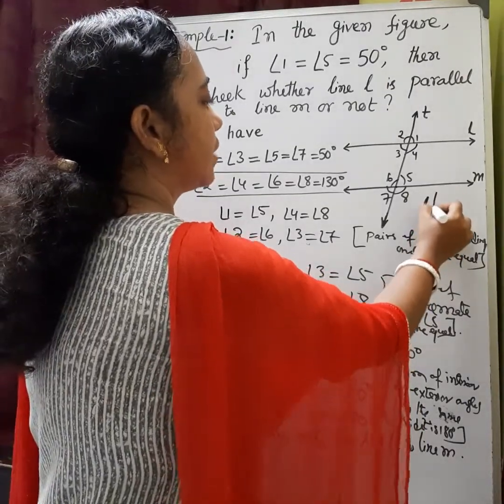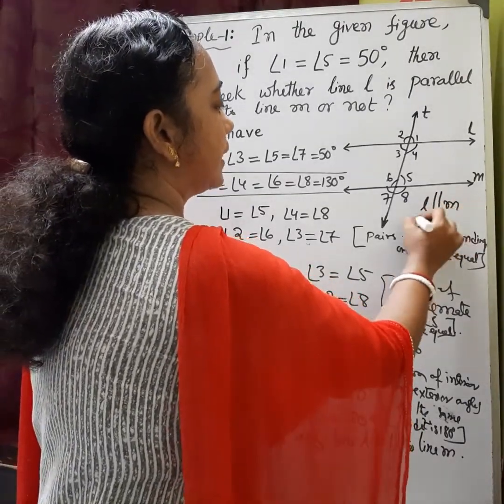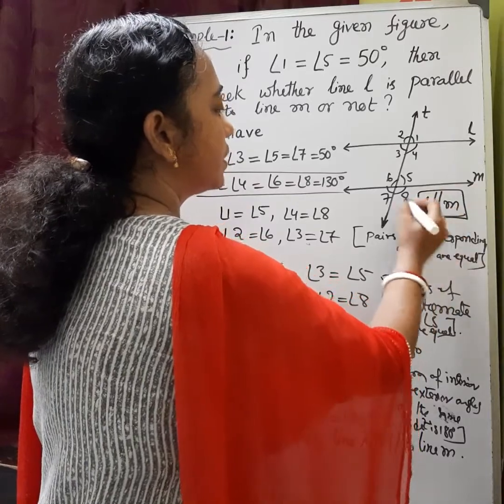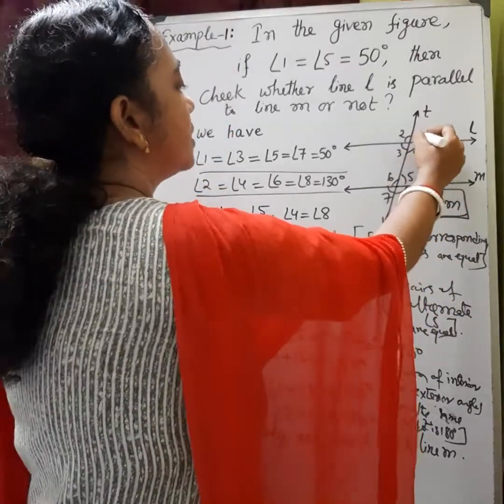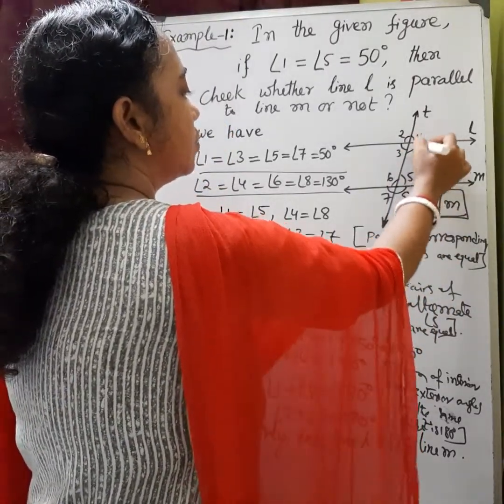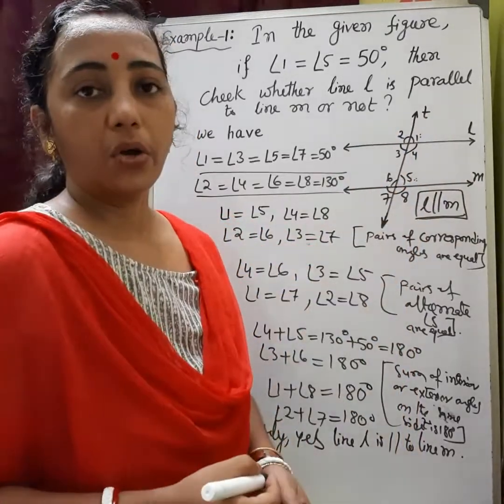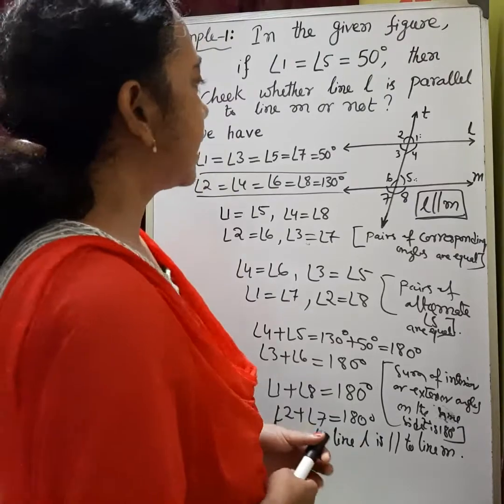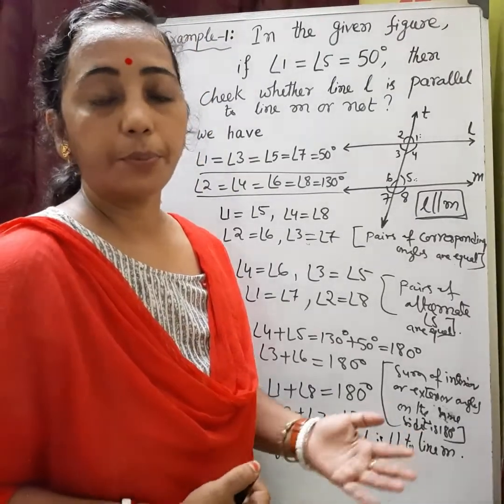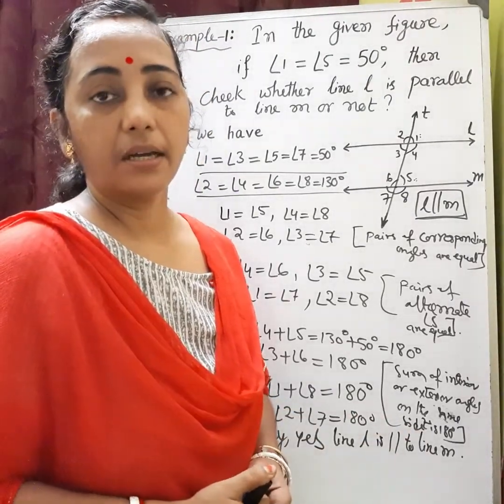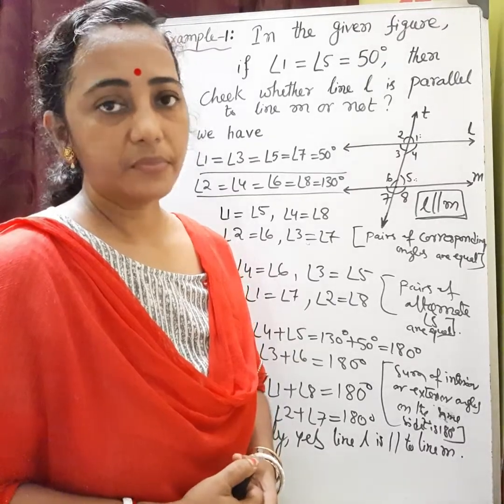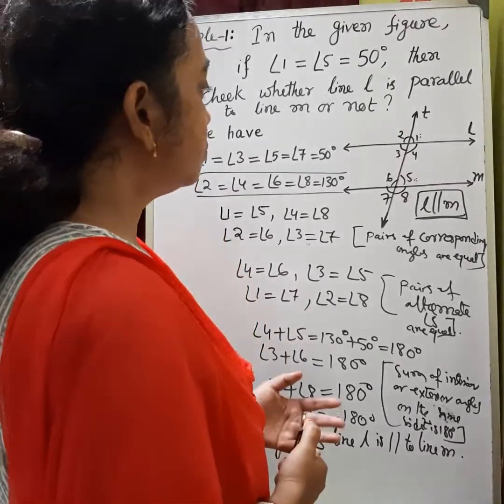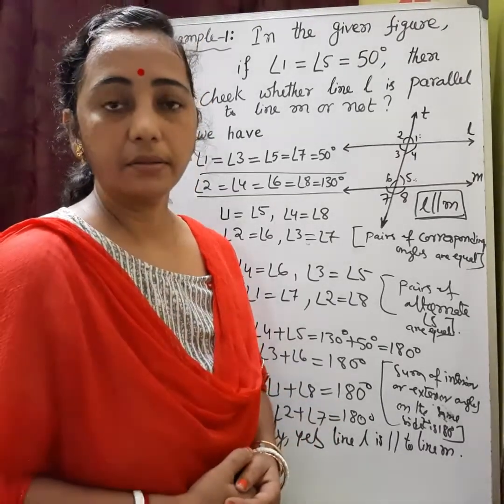So that means we can write line L is parallel to line M with the one given condition, that is angle 1 is equal to angle 5. These are known as a pair of corresponding angles. So from this one condition, if a pair of corresponding angles are equal, then the two lines are parallel.